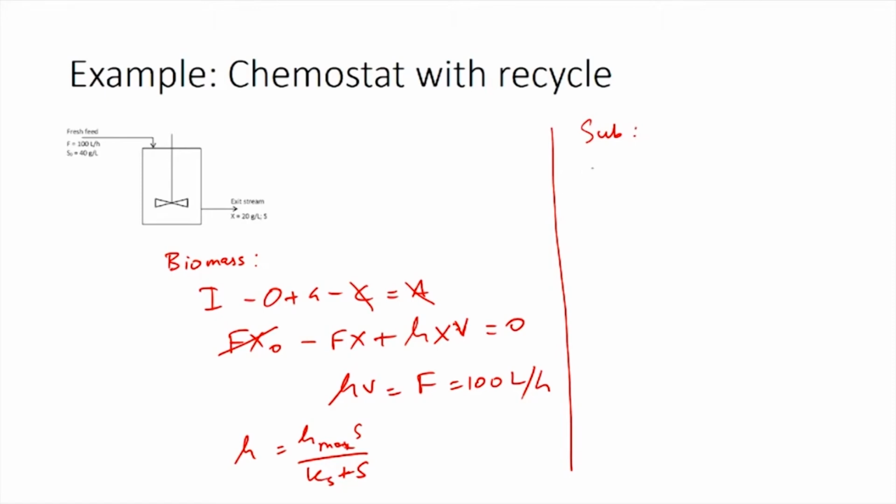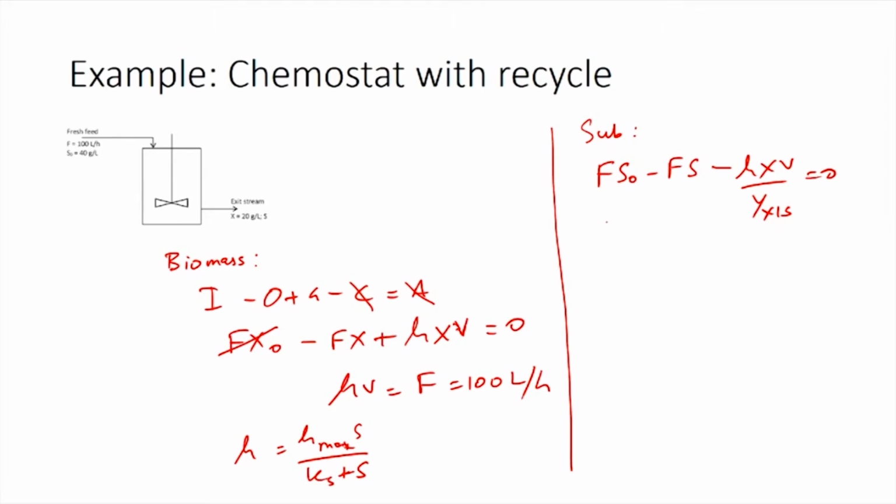The substrate balance would be F S naught minus F S minus mu x V divided by Y x s equals 0. So, F S naught is the substrate coming in, F S is the substrate leaving and minus mu x V divided by Y x s is the substrate which is being consumed. There is no generation or accumulation terms for the substrate.